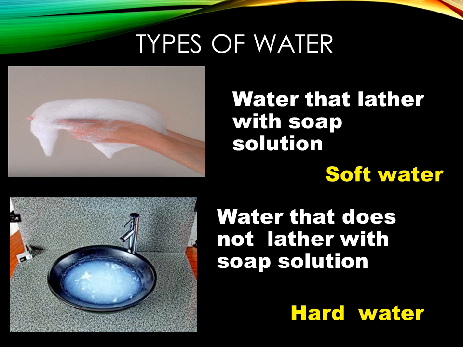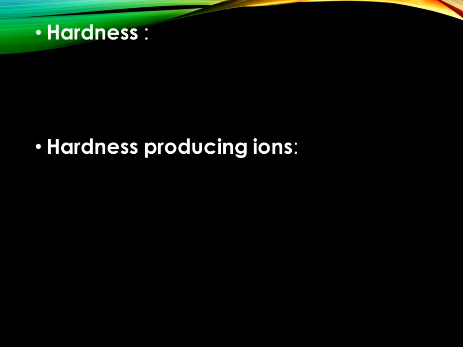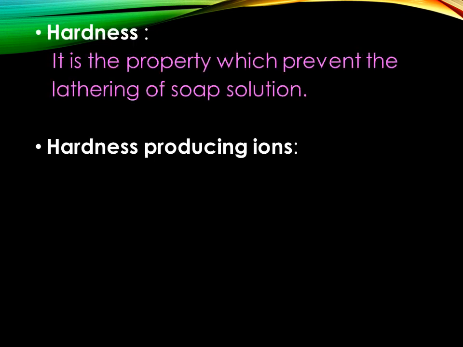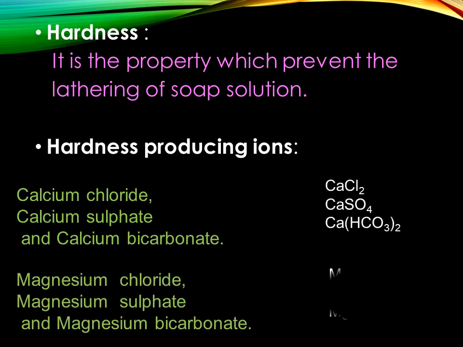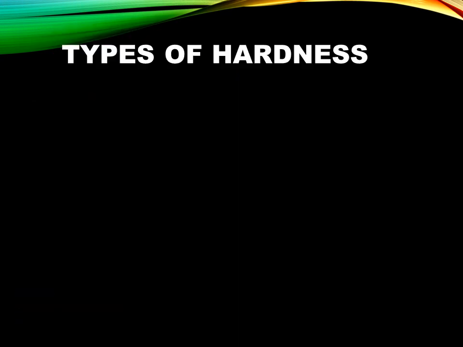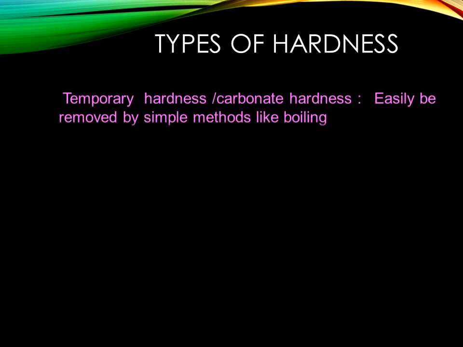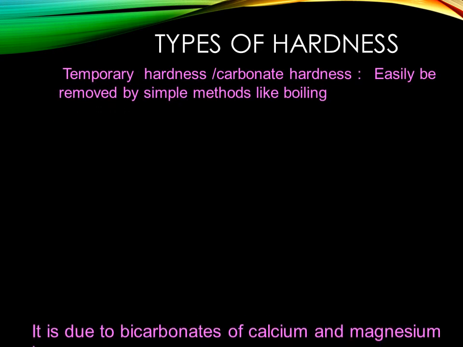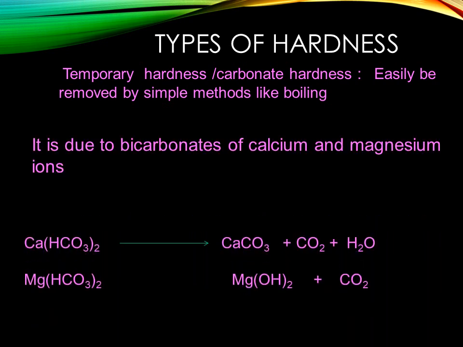Soft water, hard water. Next, differences between hard water and soft water. Yes, temporary hardness, permanent hardness. Temporary hardness is mainly due to bicarbonates of calcium and magnesium. See the equations.